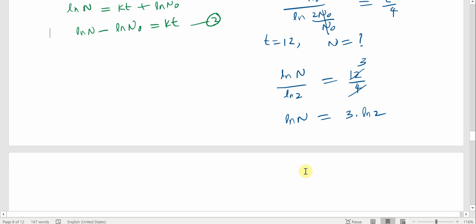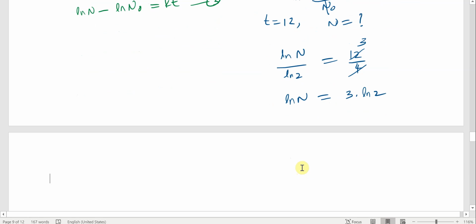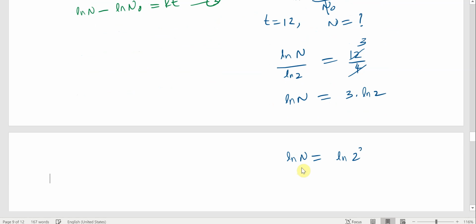And the next step will be with the logarithmic properties: ln n equals ln 2 power 3. ln on both sides gets cancelled, so n equals 8.